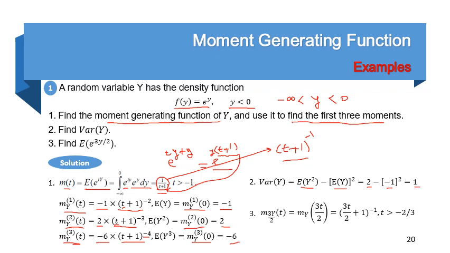As you see here in requirement number 3 in the same problem, read requirement number 3, you can see here that he is requiring the expectation of e to the power 3y over 2. So this is like a confusing one, but if you look at it, it's not confusing.